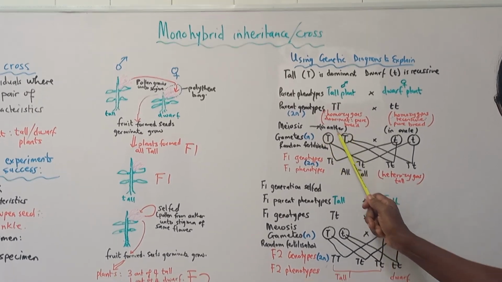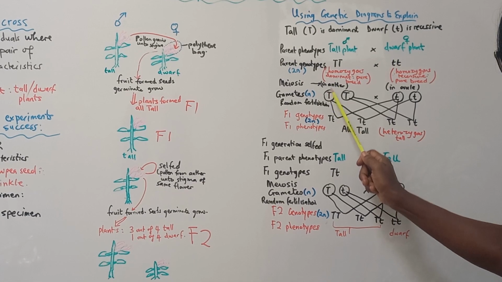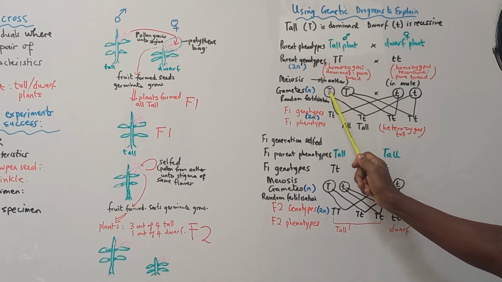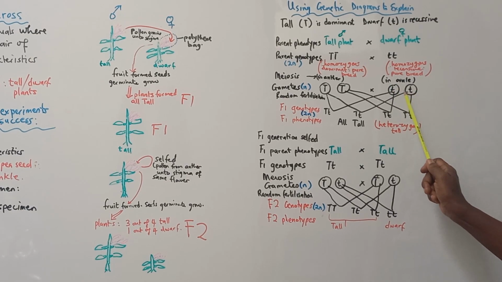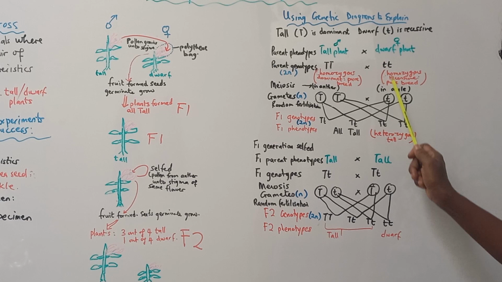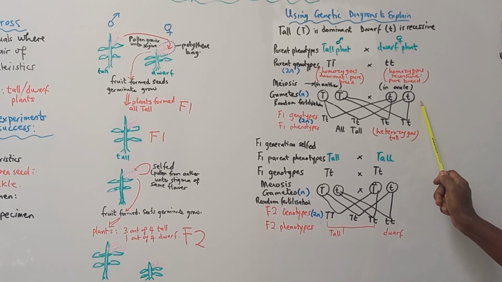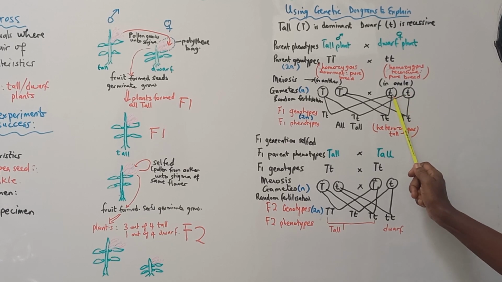Four gametes would have been produced from each, but because the four gametes are the same, we write two of them. And here too, these are the gametes that will be produced, small t. From this, we would have had four gametes, but because they are the same, we write out only two.